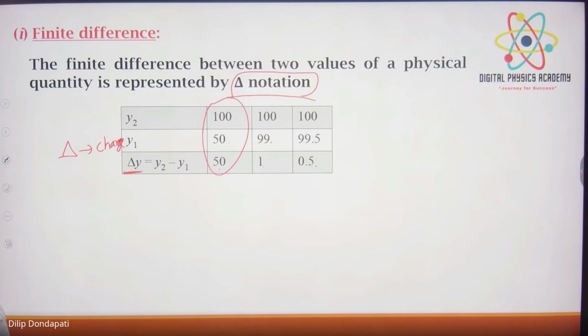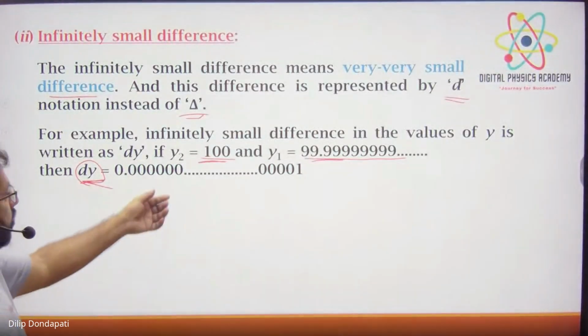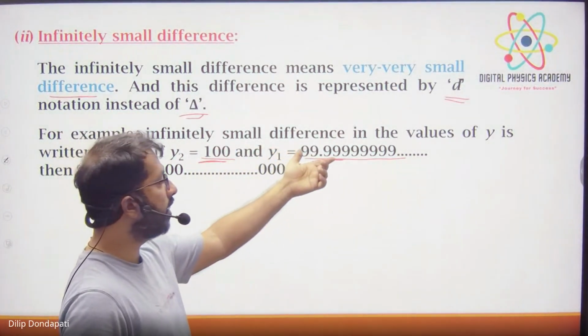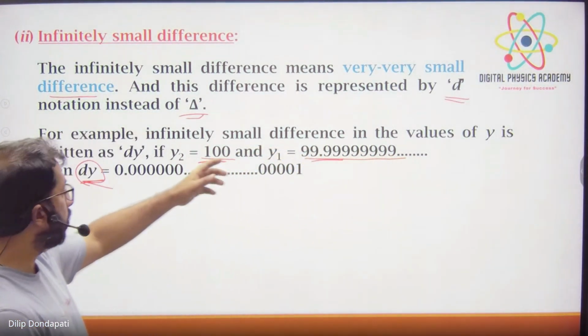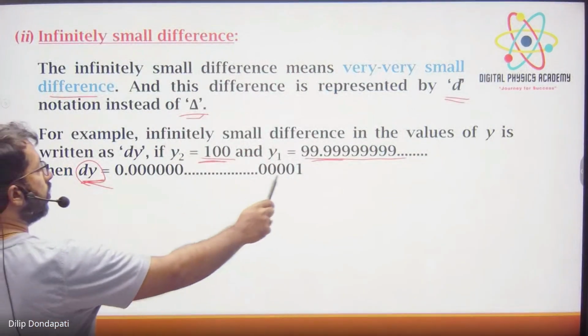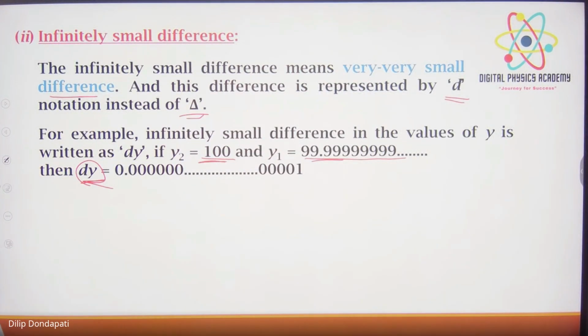Just write one example: y2 is 100, y1 is 99.99 and so on. If you subtract, you get 0.00 and so on, up to 0.1 at the last. In that way, we represent it as dy. A small change in y is dy.